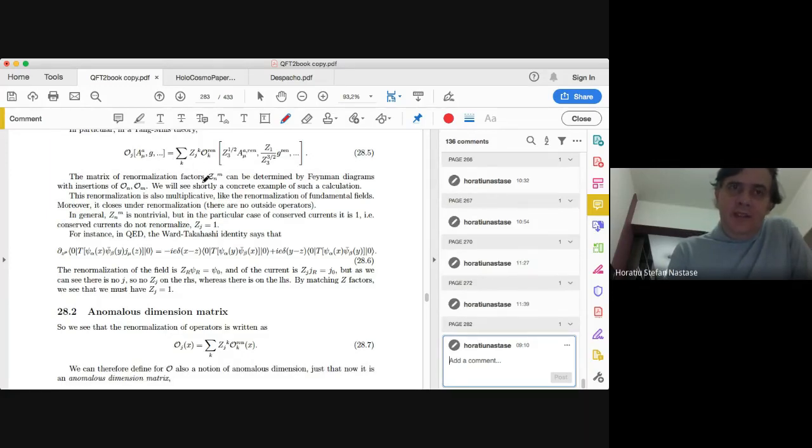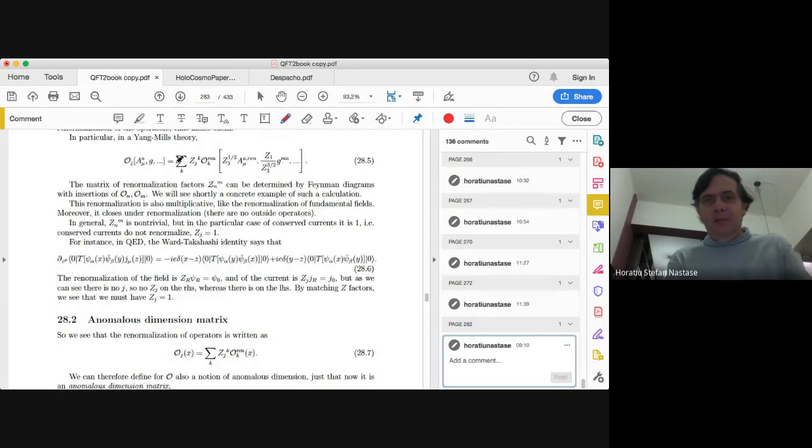And the renormalization factors Z_nm can be defined by Feynman diagrams with insertions of the corresponding operators, O_J and O_K here for Z_JK.